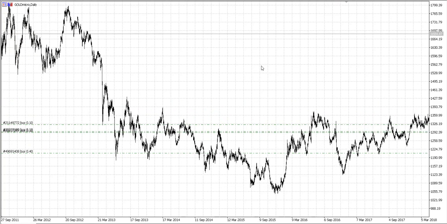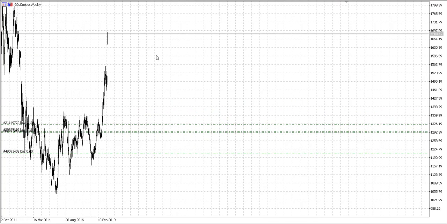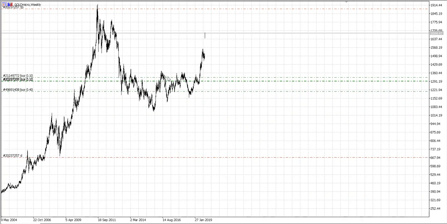The moment I decided I want to go long on gold was on a weekly chart, believe it or not. And I had a simple trend line from the very top, hitting this point, going all the way down, my old trusty trend line.